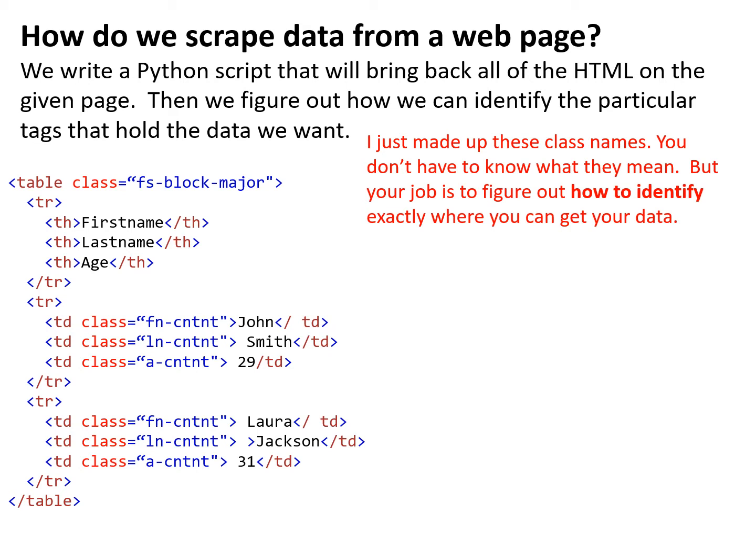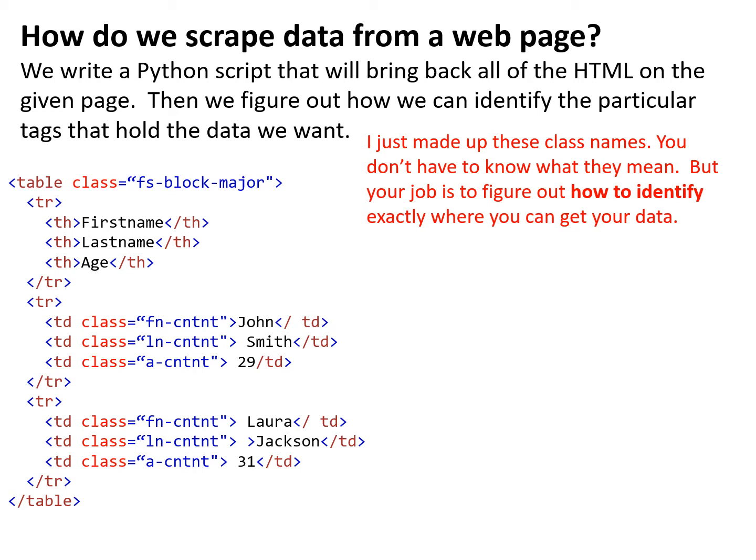So how do we scrape data from a web page? What we're going to do is write a Python script that brings back all the HTML on a given page, and then we're going to figure out how we can identify which particular tags hold the data that we want. So here in this example, I just made up some names.